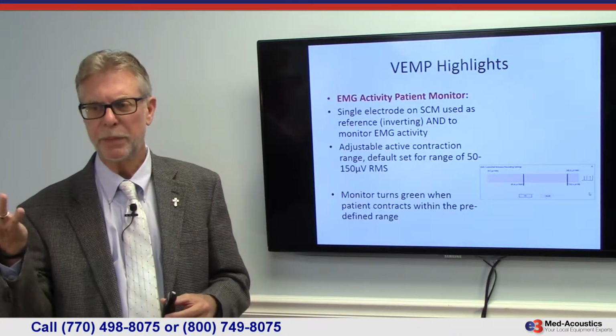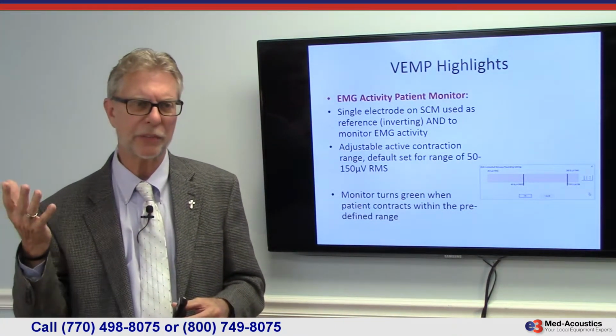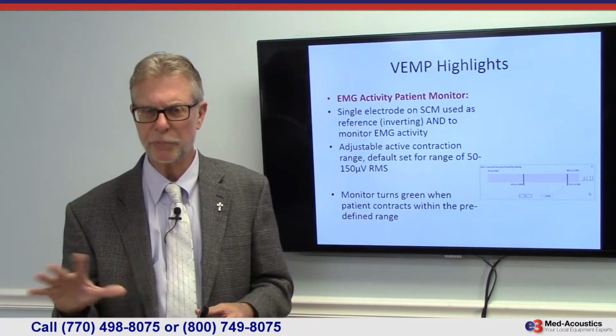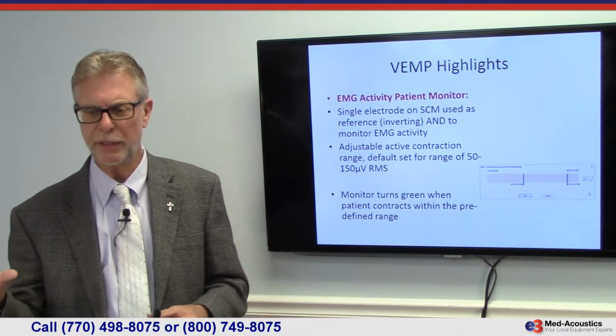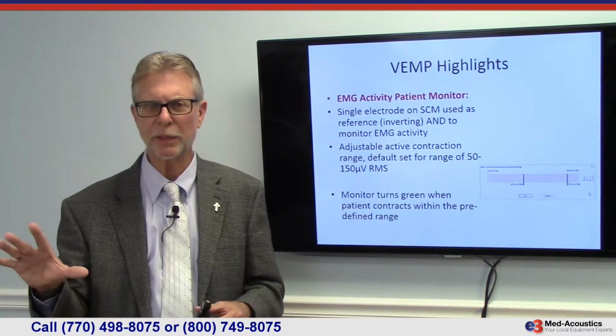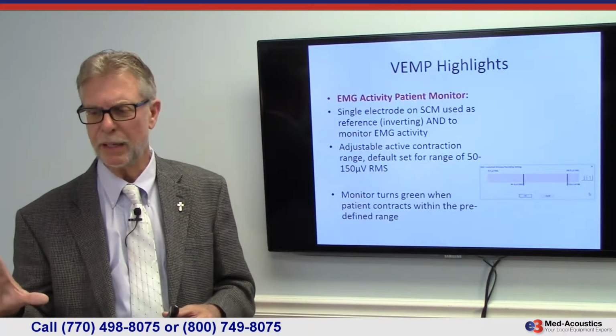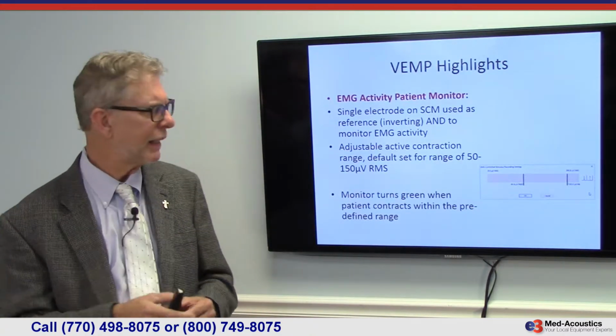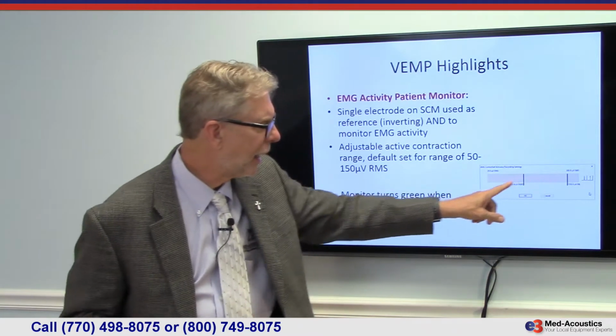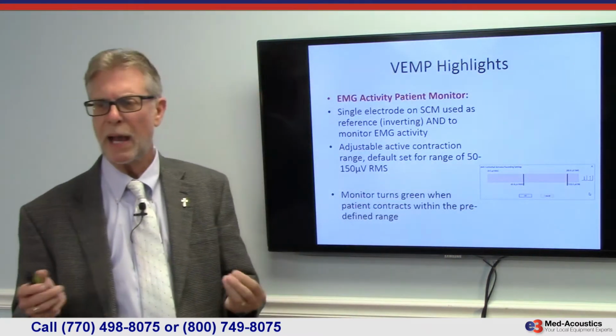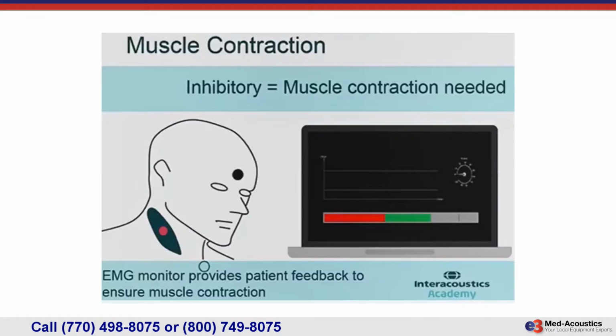Well, the Interacoustics Eclipse has a beautiful EMG monitor built into it. It is an option, but it's a relatively low-cost option. And this way you can see very easily on a bar graph how much contraction is in that muscle. It starts out red and then goes to green when it's between the lines, and that's where you want it to be.